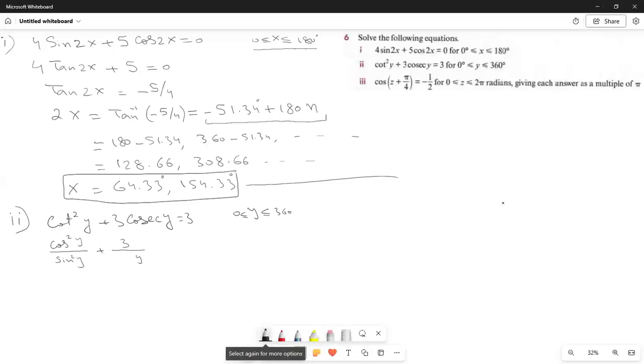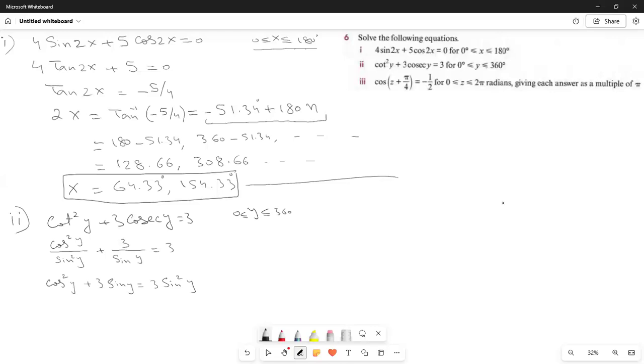Cosecant is 1 over sine y, equals 3. So I will multiply the whole thing by sine square y. It will become cos square y plus 3 sine y equals 3 sine square y.